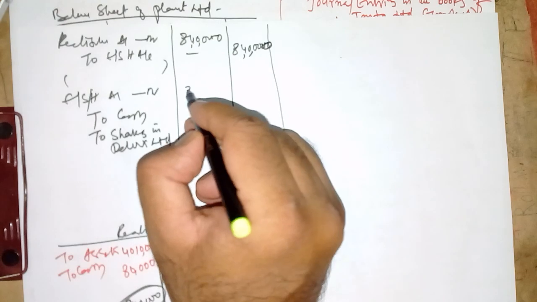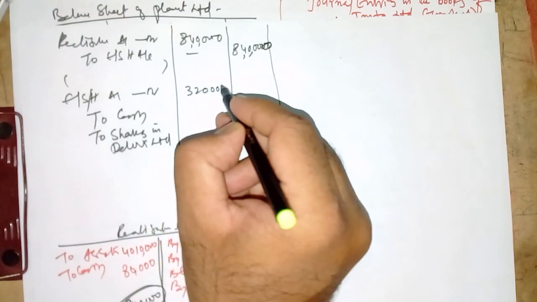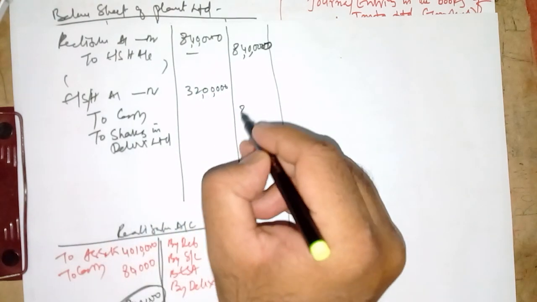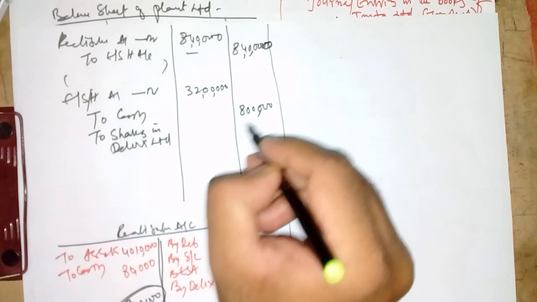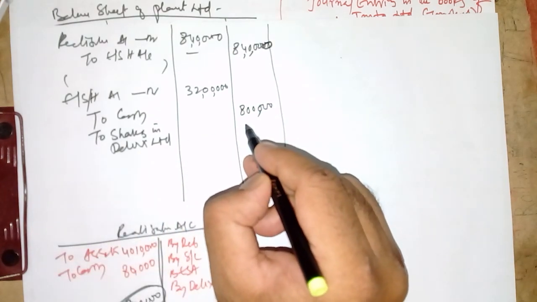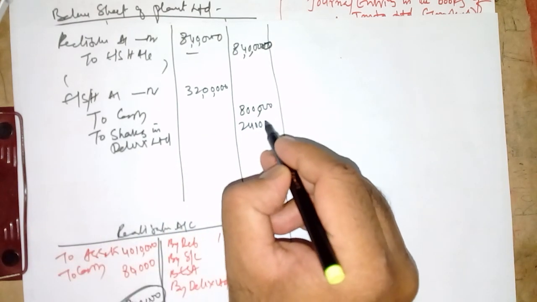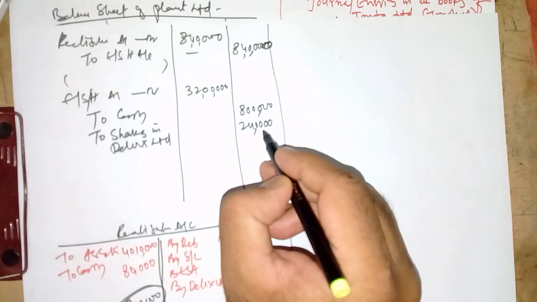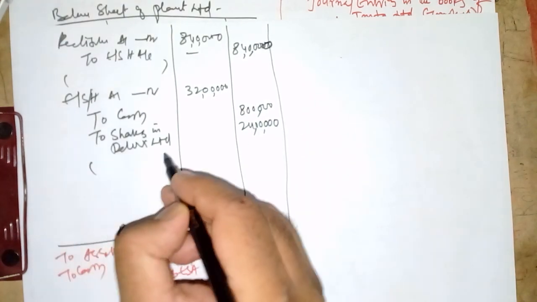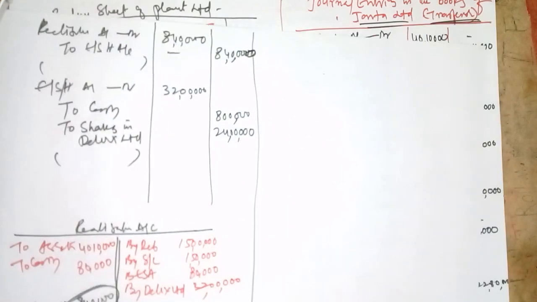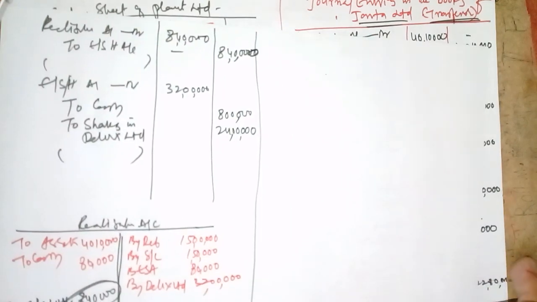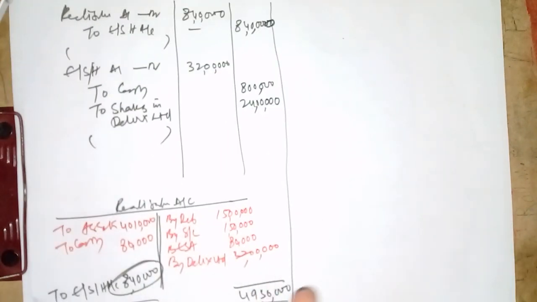So how much? 32 lakhs we are paying. In the form of cash is 8 lakhs. In the form of shares in Deluxe Limited is 24 lakhs. So like this we need to make the payment, and like this we need to pass the journal entries in the books of the Transferor, right?